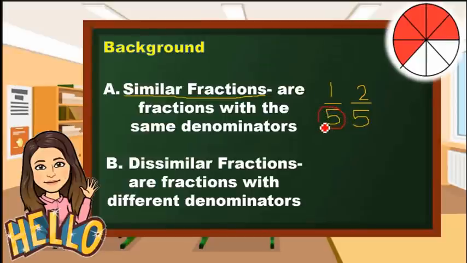Nandito sa 1/5, 5 yung denominator niya. Then sa 2/5, 5 din. Okay. So again, 1/5 and 2/5 are similar fractions because they have the same denominators. Okay, let's have another example.